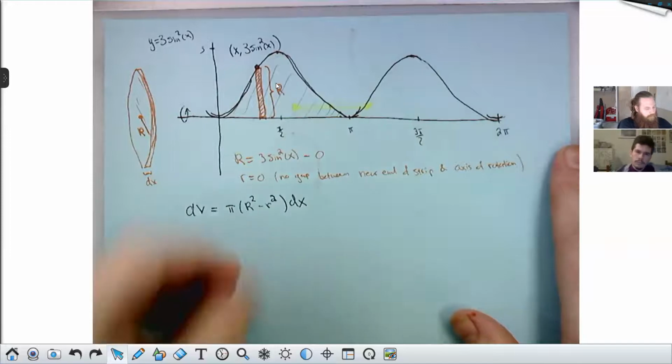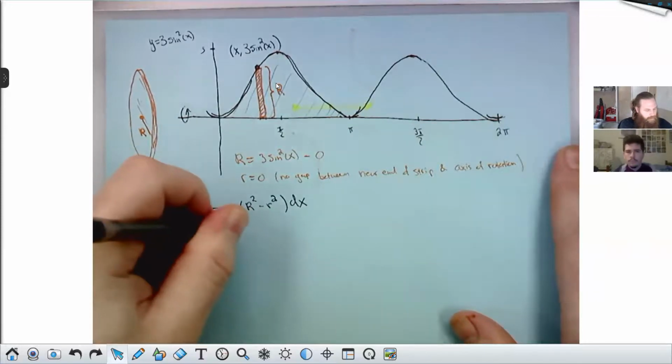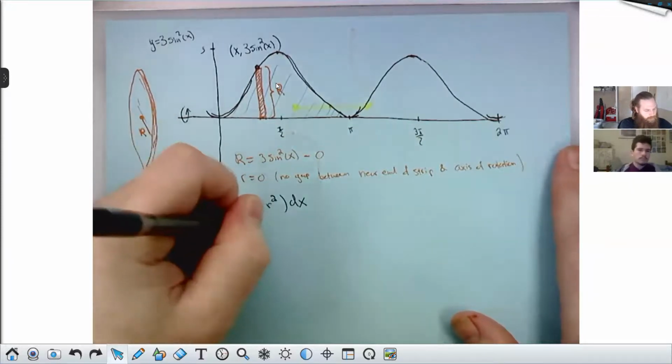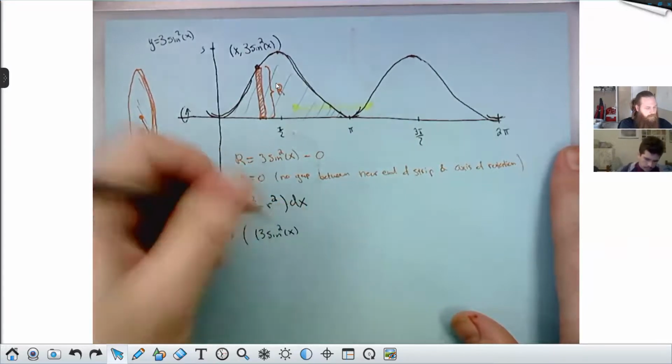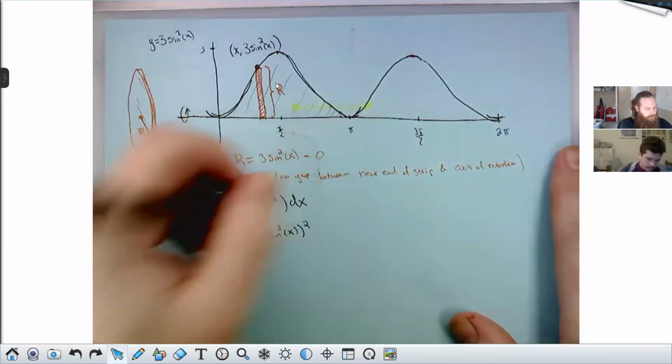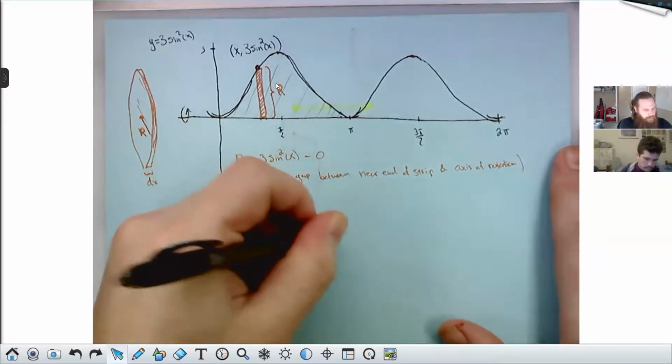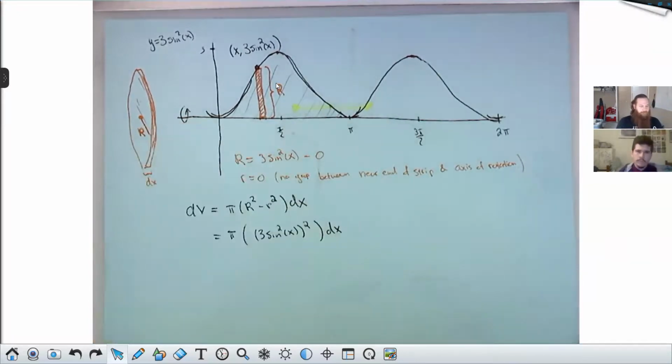So this dV is pi times (3 sine squared of x) all squared dx. Big R is just 3 sine squared x.